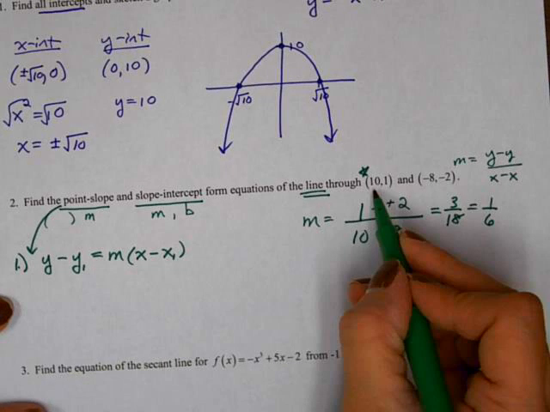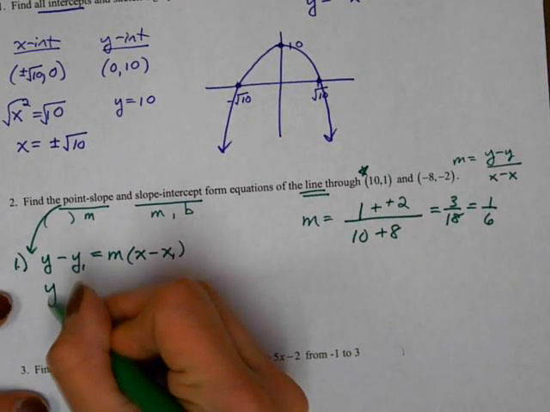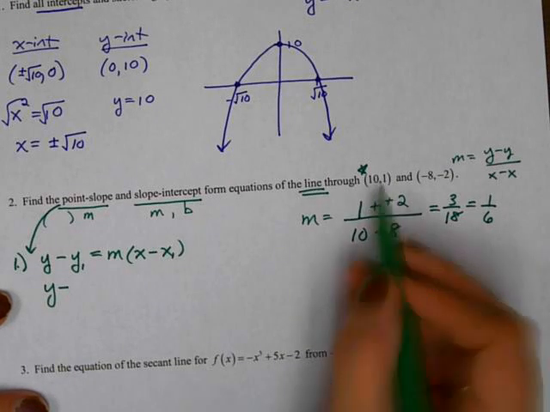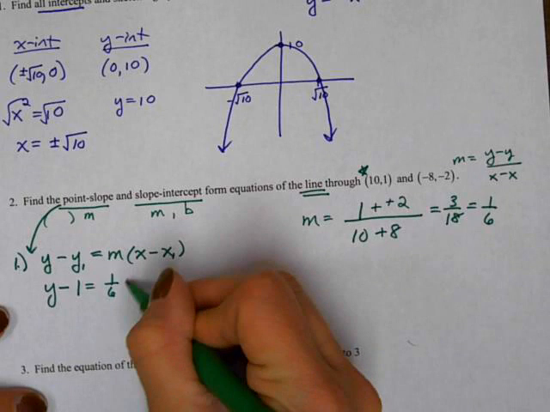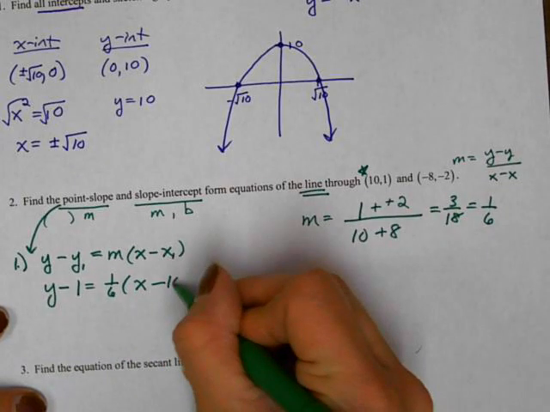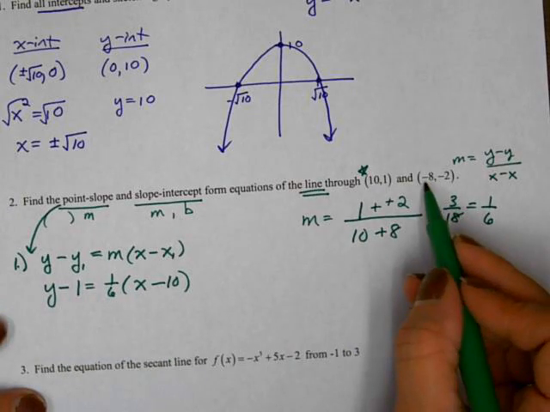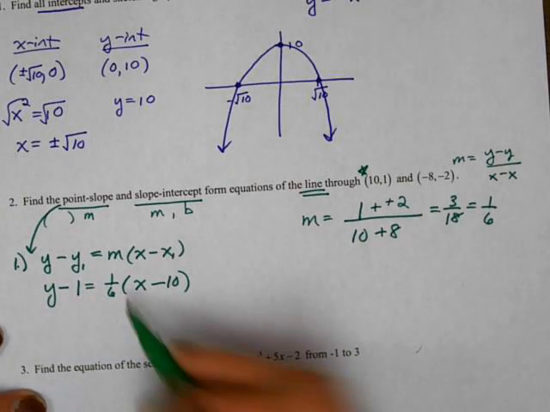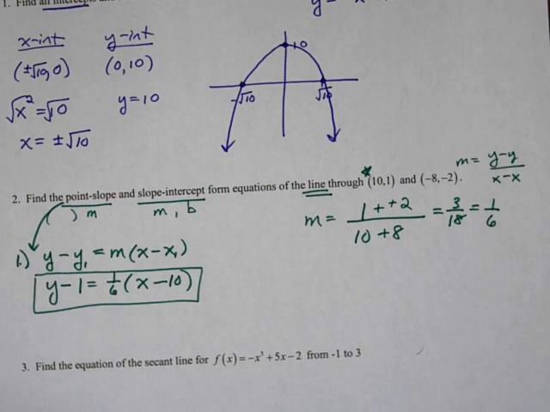I'll use that same positive point from before. You could choose either one. Y minus 1 equals the slope, which was 1/6, times x minus your x point, which is 10. You could also have chosen the negative 8 and the negative 2 and made your equation like that. So this is point-slope form.